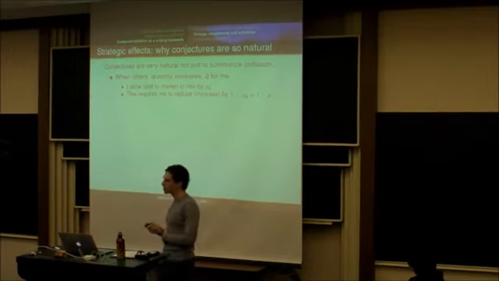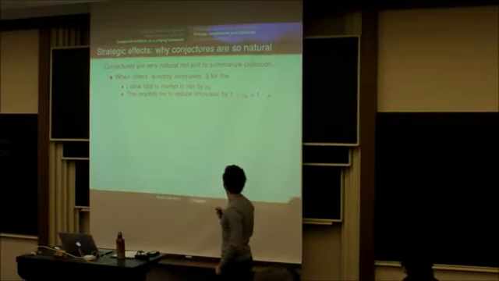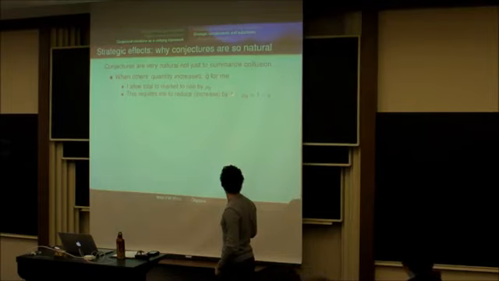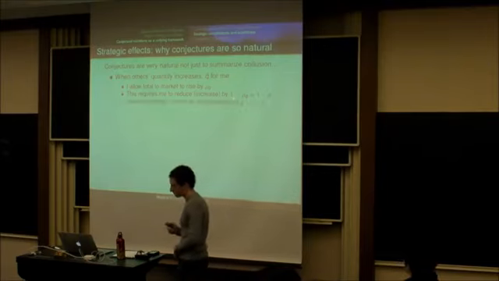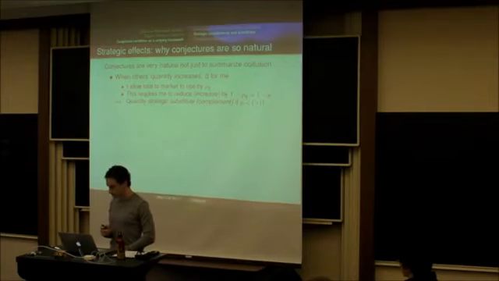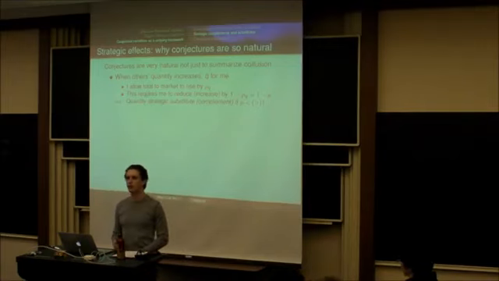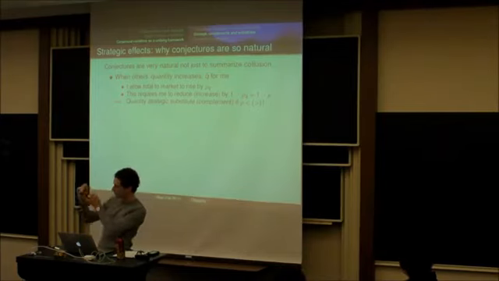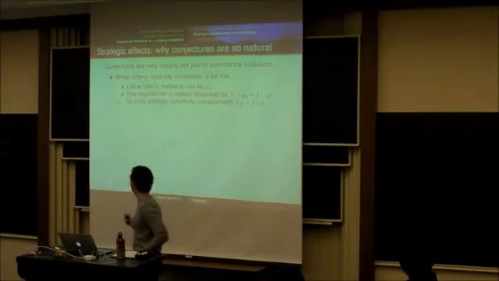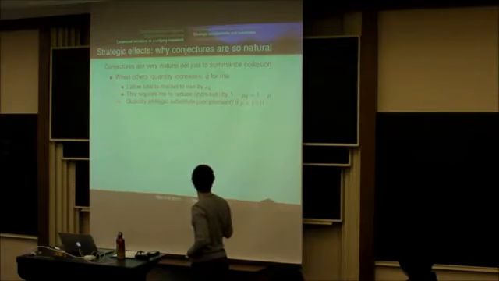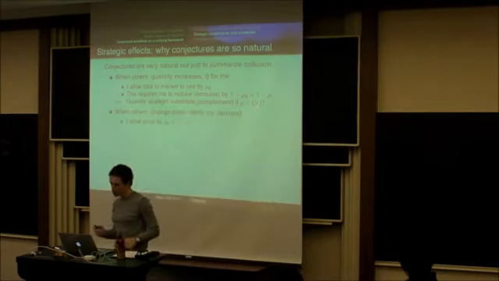And this is going to require me to reduce the amount that I produce, or increase it, depending on whether this is greater than or less than 0, by 1 minus the quantity pass-through, which is the same as 1 minus the pass-through, right? So we can say that the other firm's quantity is a strategic substitute for my quantity. That is, when another firm increases their quantity, I want to reduce mine if the pass-through rate is less than 1. And it's a strategic complement if it's greater than 1.